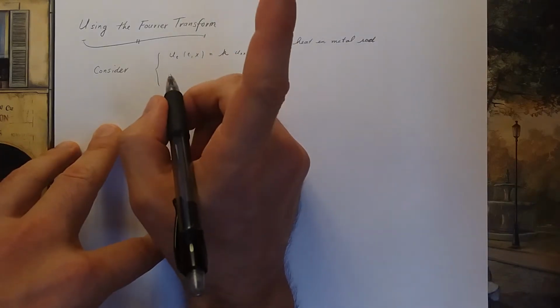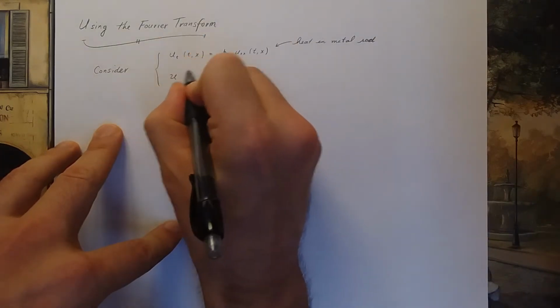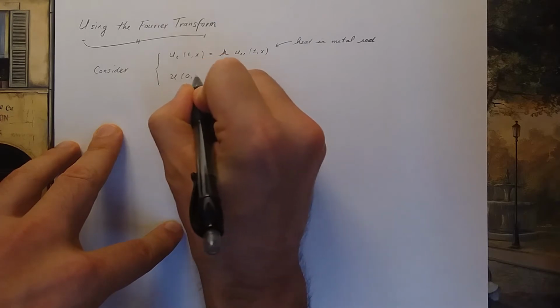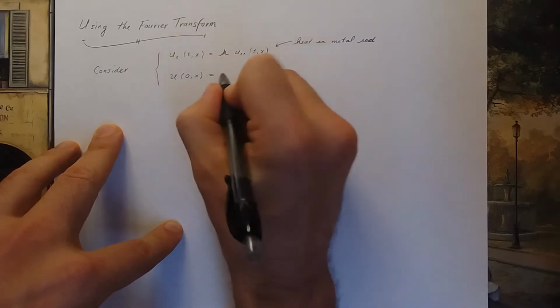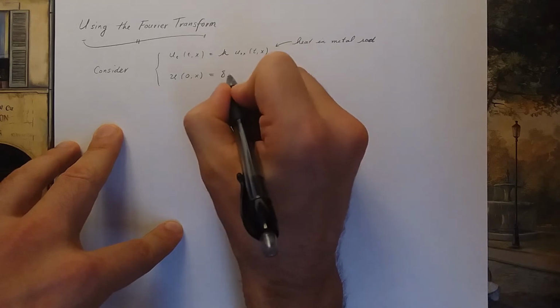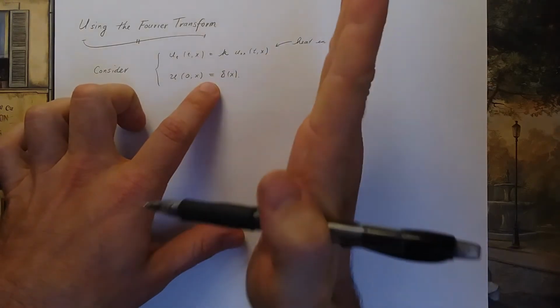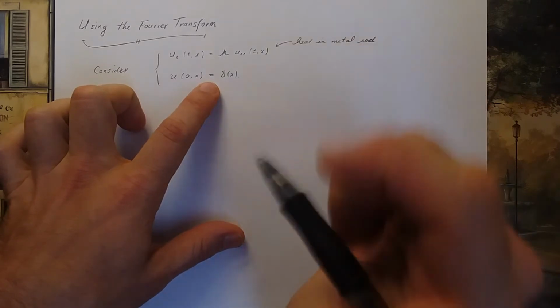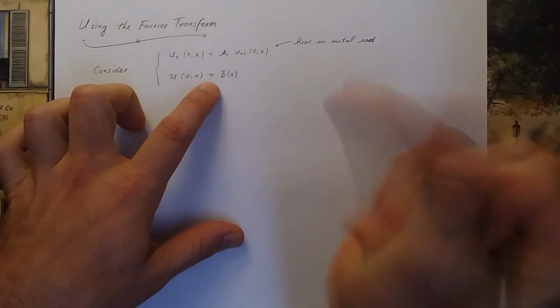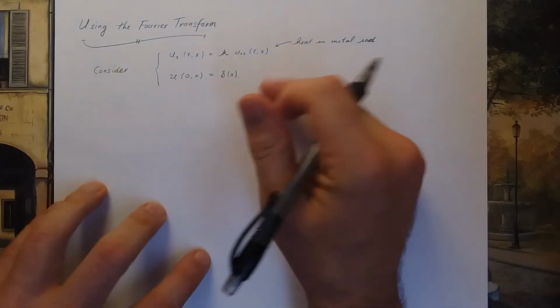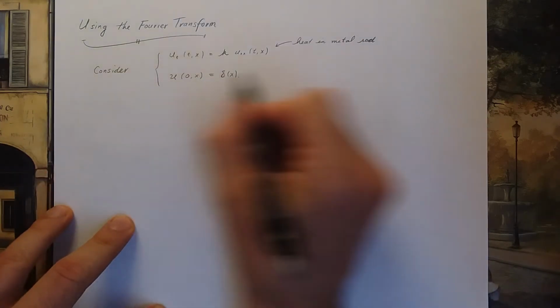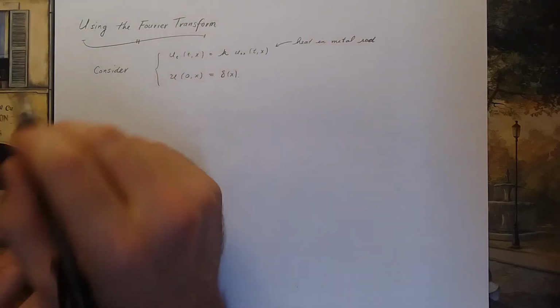And I'm going to give an initial condition. So I'm going to say at time 0 and at location x, we're struck by the Dirac delta function, meaning that maybe this is a rod that's struck by lightning at time 0, so instant hit by the Dirac delta function. We can solve this system using the Fourier transform.